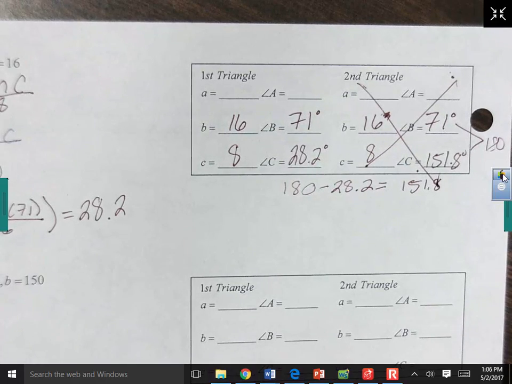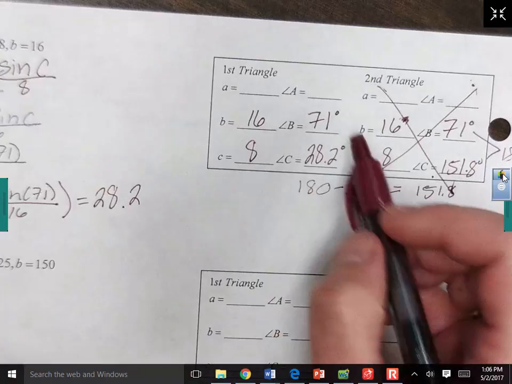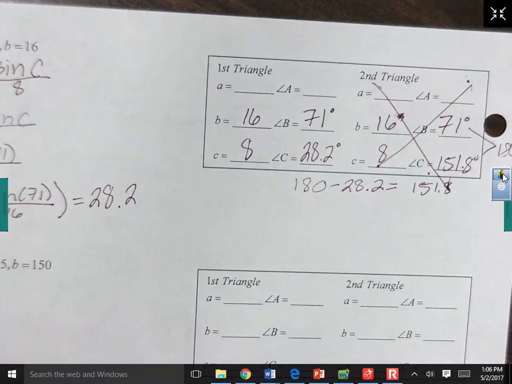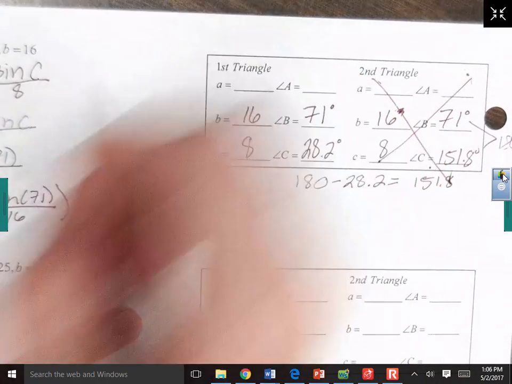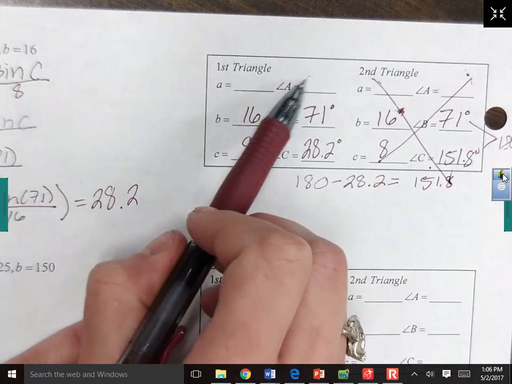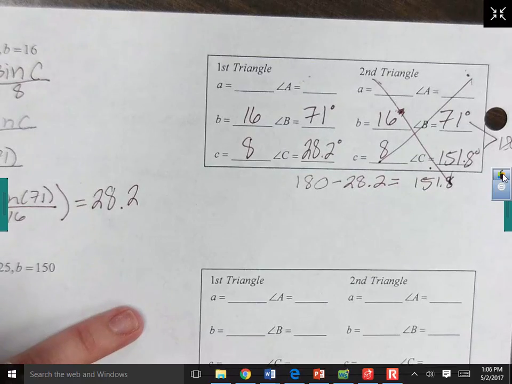All right, we need to finish this, right? How do we find this angle? We don't guess it, we can find it.